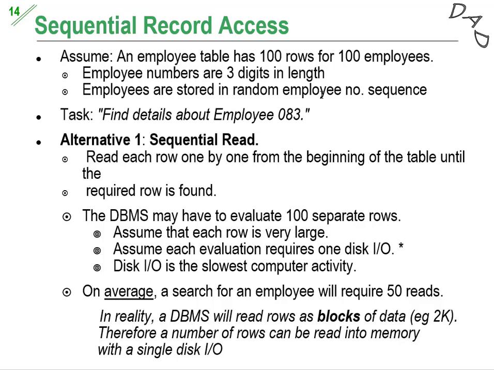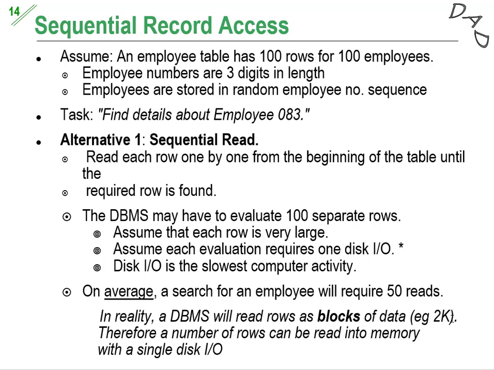So basically, if you want to read 100 records nowadays, on average it probably needs to search the employee table 50 times. Or in other words, it needs to read 50 records, because in reality database management systems read rows as blocks of data.